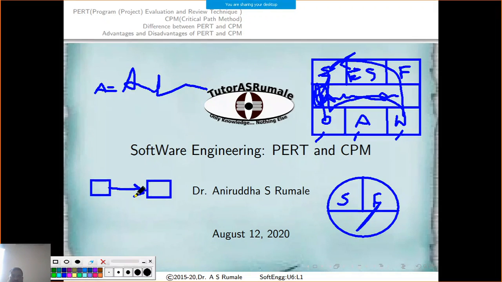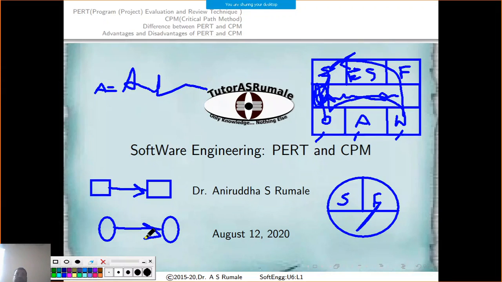So simply speaking, whatever activities you are carrying out, for a CPM you have nodes like this. One node is there, another node is there, and you connect this node with the other node. When we say PERT and CPM, that simply means whatever work you have, you are trying to order that work and create the graph.